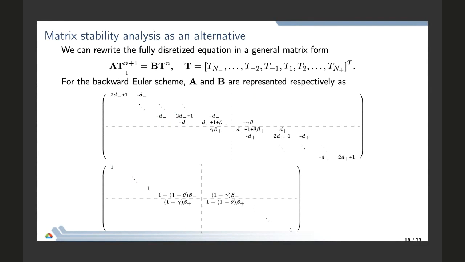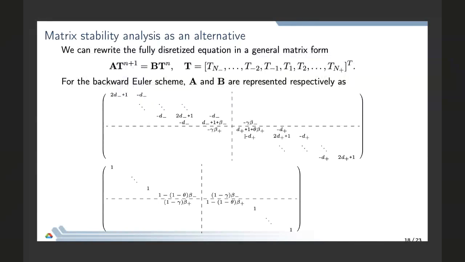So for the matrix stability analysis, we need to calculate the eigenvalues of A inverse times B. Take the backward order scheme, for example: A and B are represented respectively as shown on the slide. Note that this analysis is really difficult to do in practice.